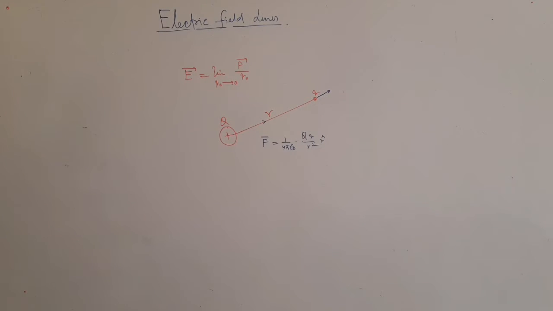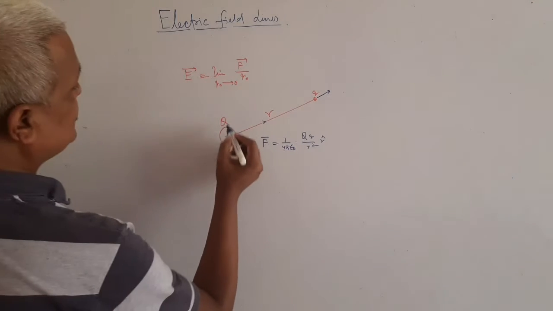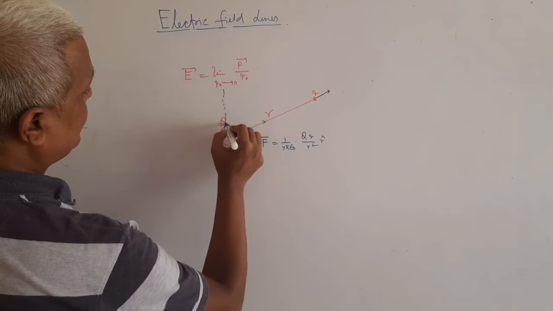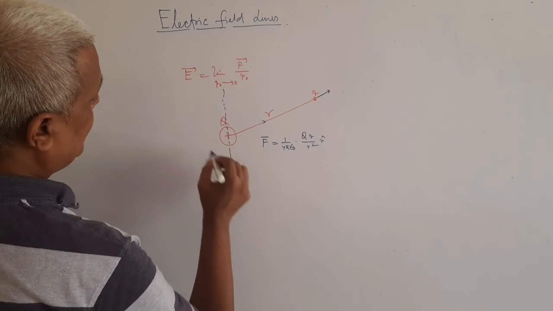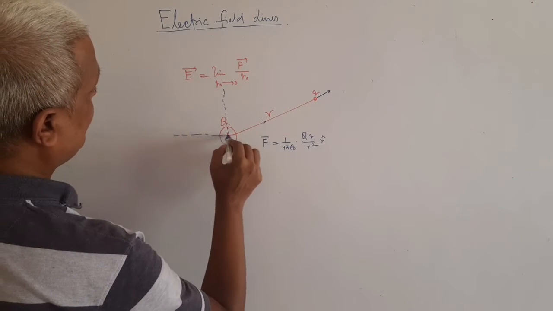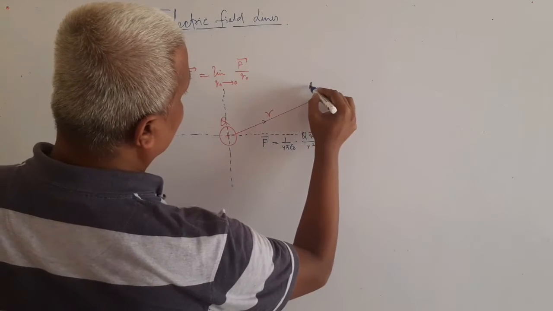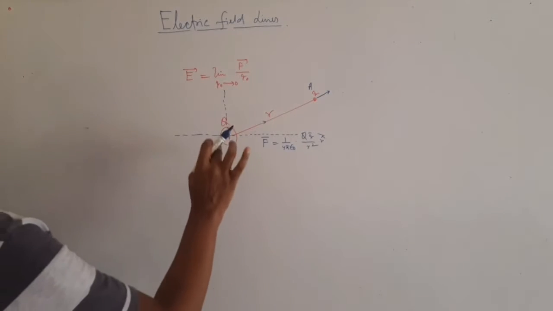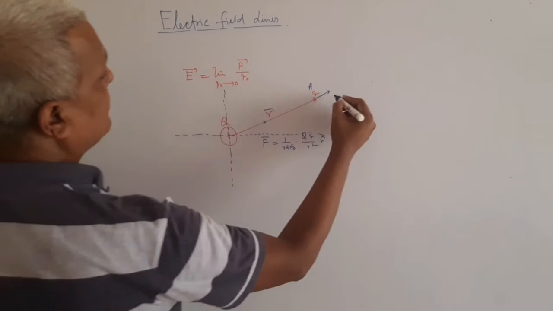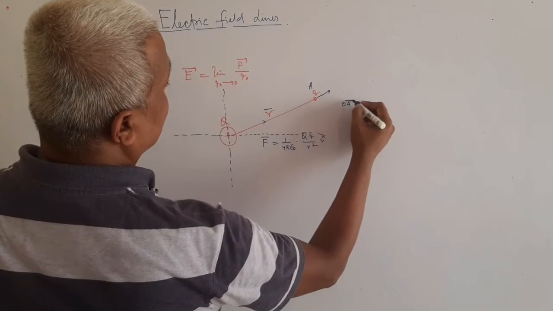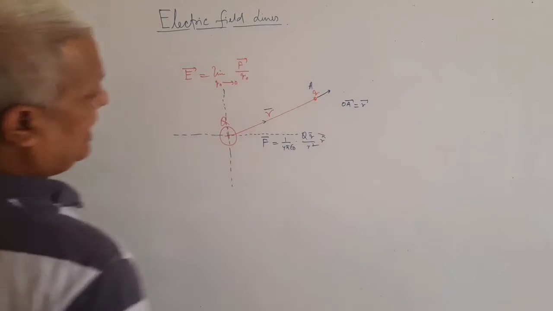Or if you want to understand it in a different way, you can assume that this charge is placed at the center of a rectangular Cartesian grid, and this is the point A, whose position vector with respect to the charge is R bar.